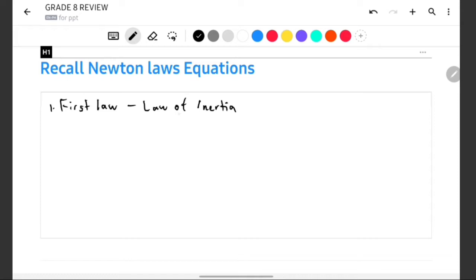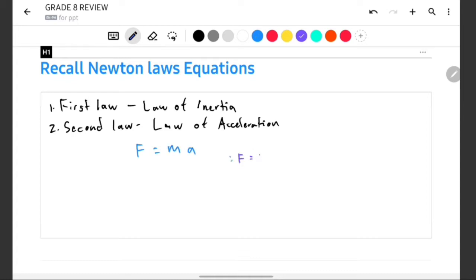Kasi this one only talks about the mass of an object. Number 2, ano yung meron sa second law? It is the law of acceleration. May formula ba or equation dyan? Meron. So, yung binigay sa atin na formula for the law of acceleration is F is equal to ma, wherein F is equal to the force, or yung unit ng force is, ano ulit yung unit?